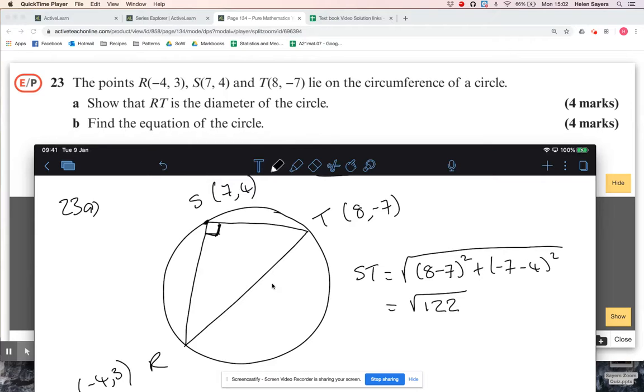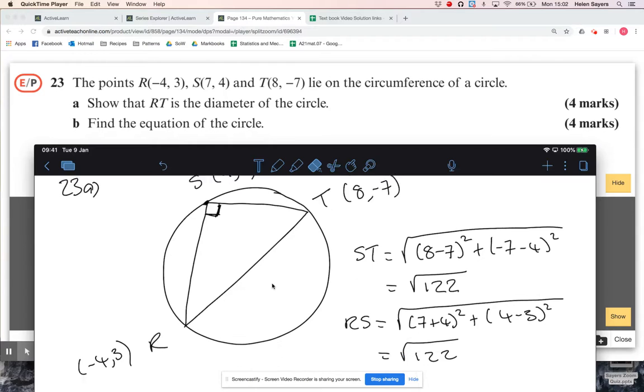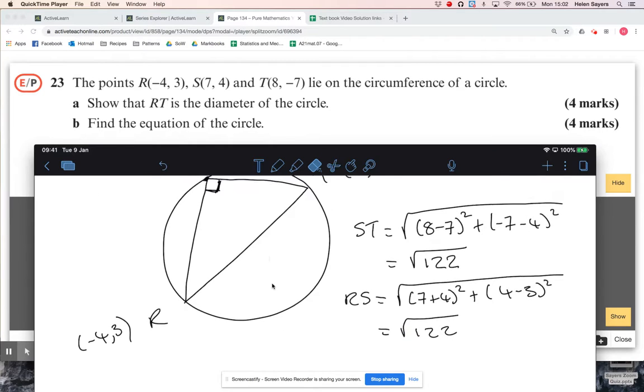And then RS is the square root of 7 minus 4 all squared plus 4 minus 3 all squared. So that is also square root of 122. Okay, so those are the 2.